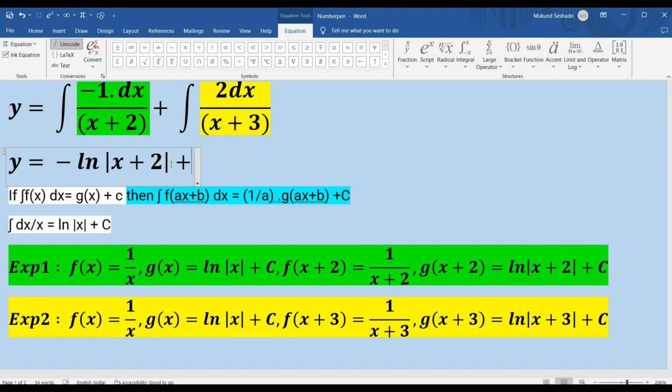And my answer to the second expression is 1 by a times, which is 1 by 1 times g of ax plus b, which is g of x plus 3, which we have already worked out, which is nothing but ln of mod x plus 3. And remember, I have my 2, and we combine the constant for both the expressions and write them as one single constant plus c, right? So there we are. My answer to this problem is y equals minus ln of mod x plus 2 plus 2 times ln of mod x plus 3 plus c.